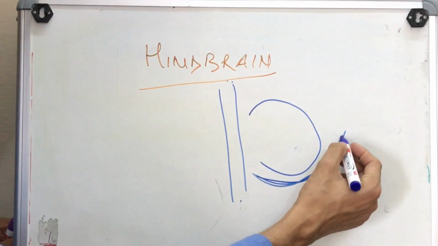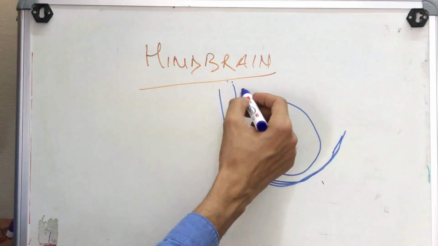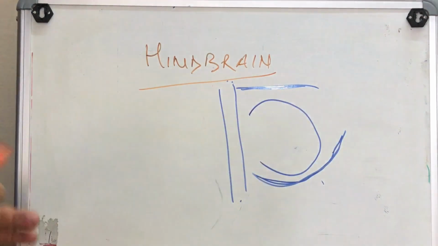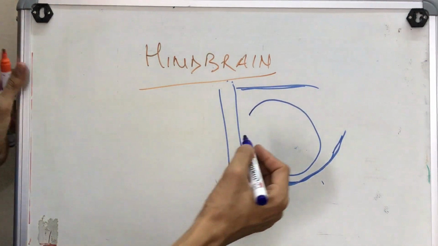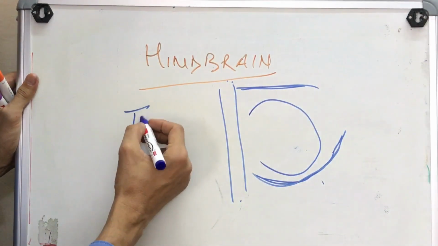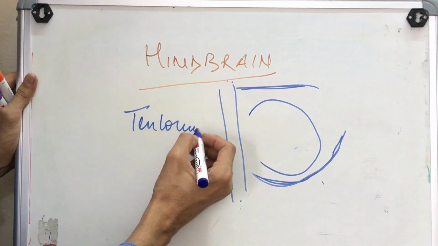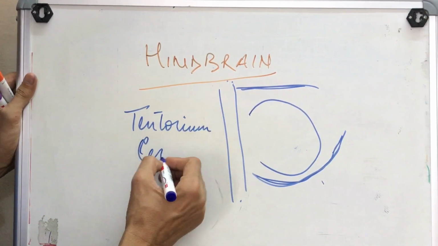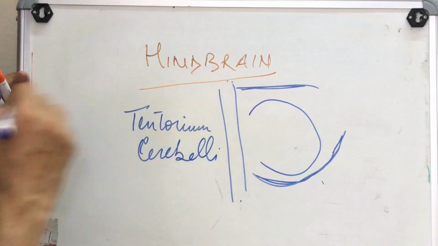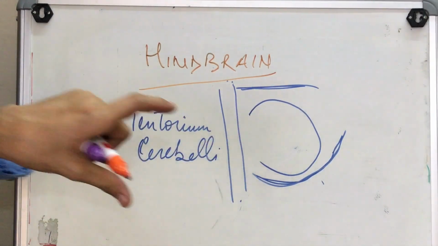Inferiorly over here is the occipital bone, and this part which separates it from the cerebral cortex is known as the tentorium cerebelli. That is its anatomical location.